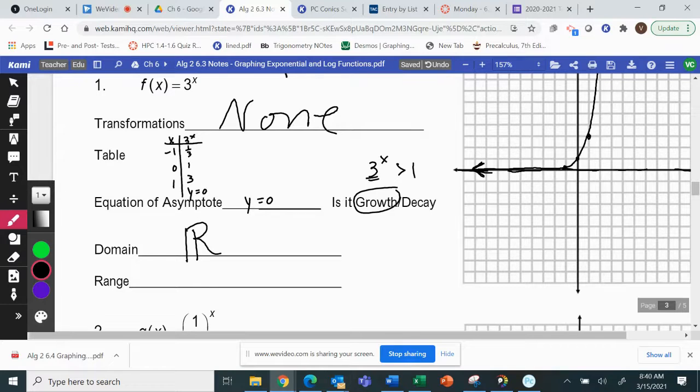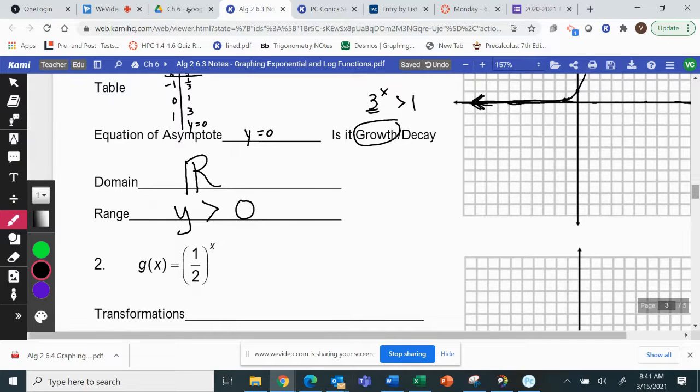Nope, that's in the domain. Well, it is in the range. No, you're right. It's in the range. But even lower than that, what is this getting closer and closer to? 0. So 0 is the lowest, but it doesn't equal 0. So we write just greater than 0. It gets infinitely close to 0, but it does not equal. So just greater than.